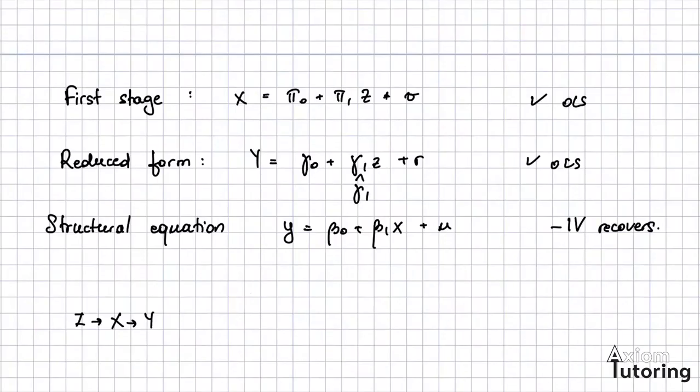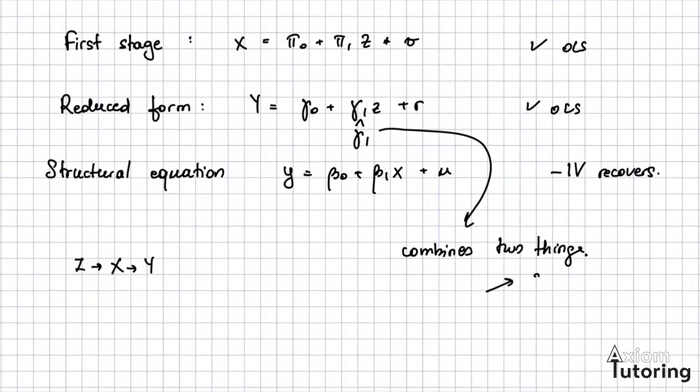And it's doing a lot more than that. It's actually combining two things: the effect of Z on X, which is like the first stage, and also the effect of X on Y, which is beta 1 hat.